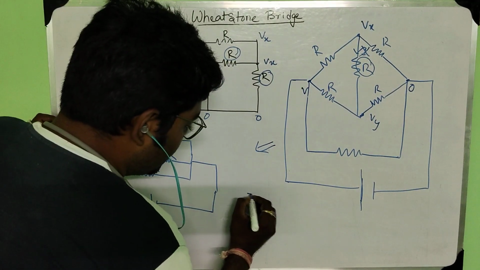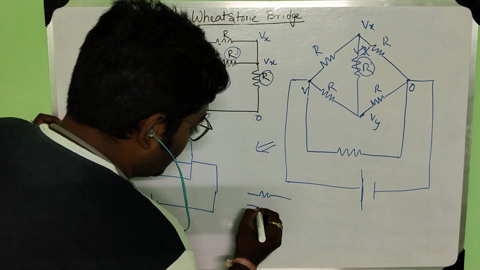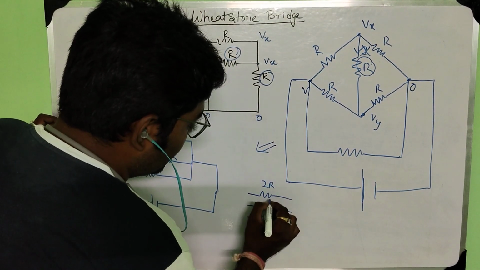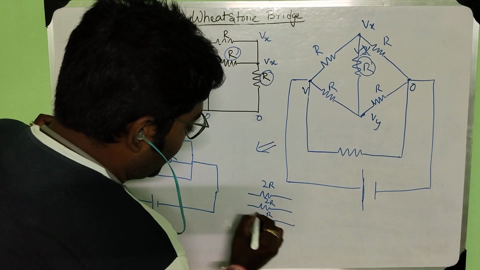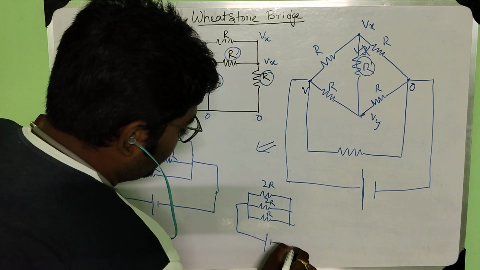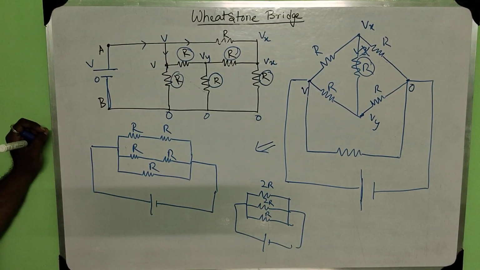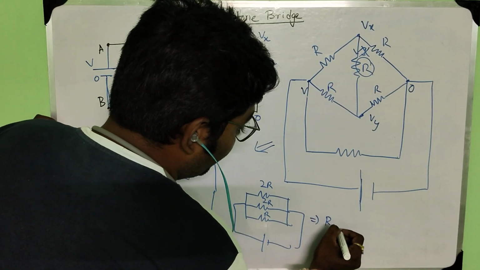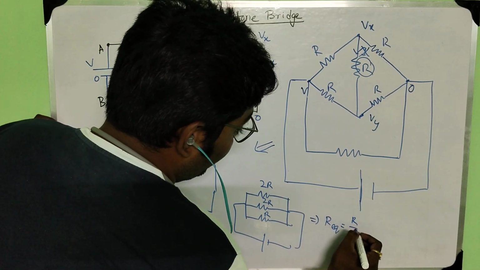That means two R here in parallel. So ultimately R equivalent, if you calculate, will be R by 2.